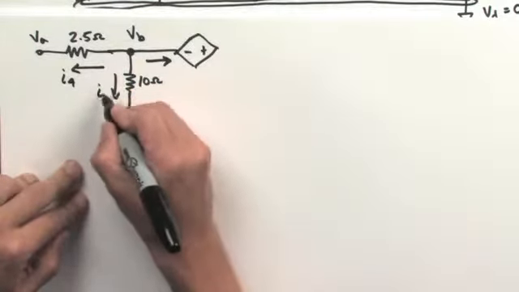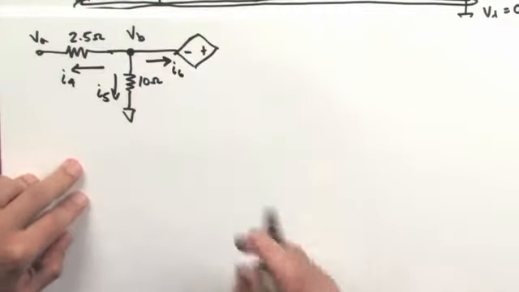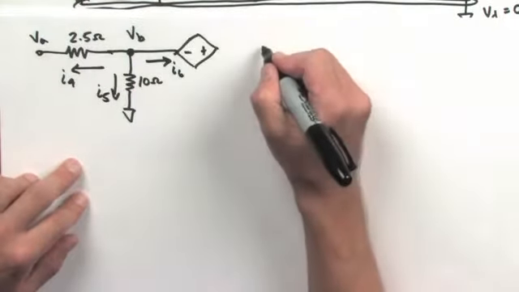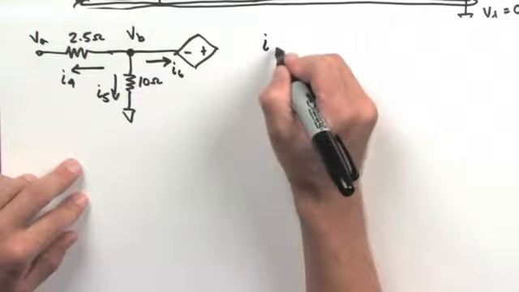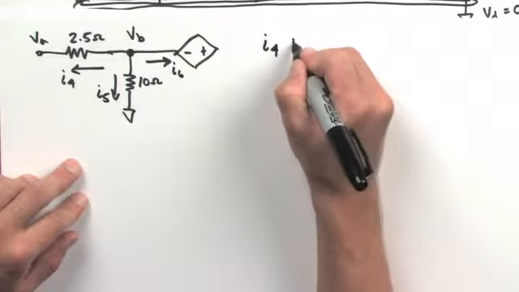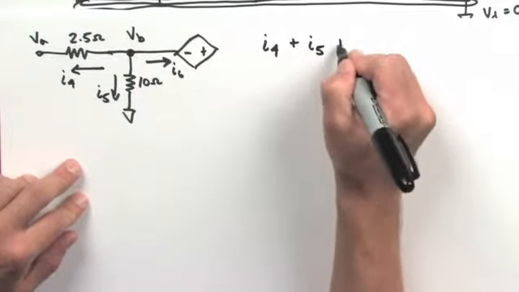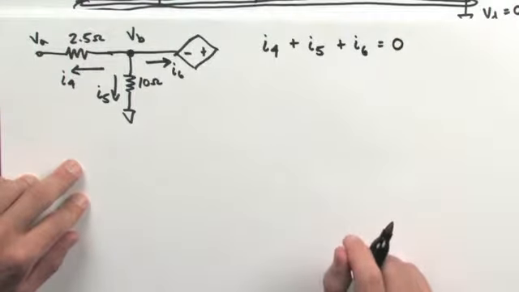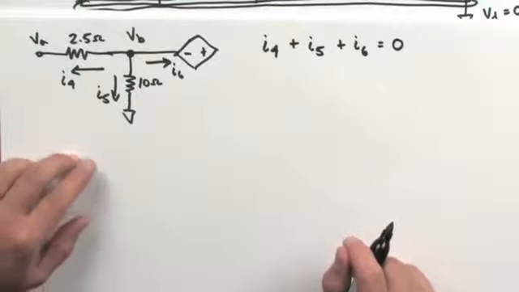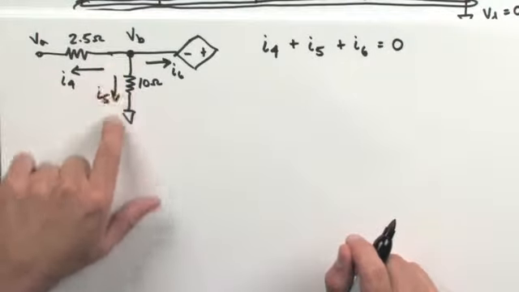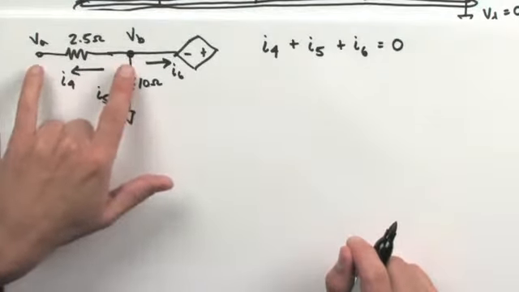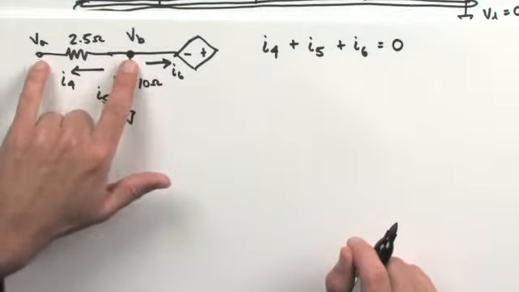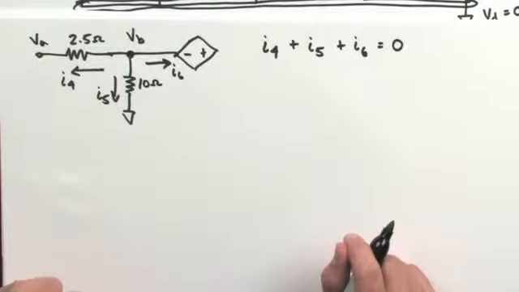I4, I5, and I6. I'll invoke Kirchhoff's current law again, which tells me that I cannot accumulate any current at any node. So all of the currents must sum to 0. Then I'm going to use Ohm's law to determine how much current based on the potential differences and the resistance values.